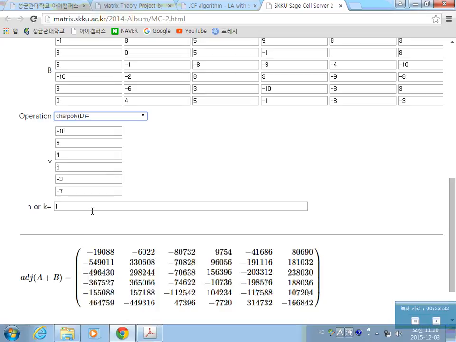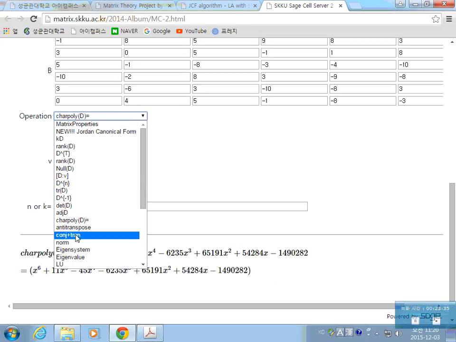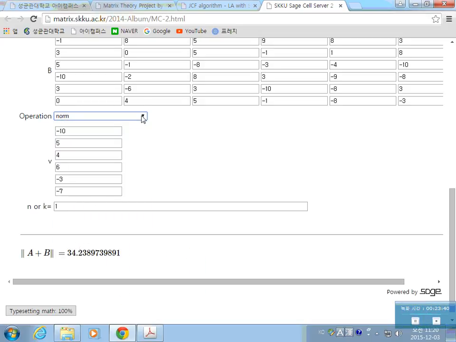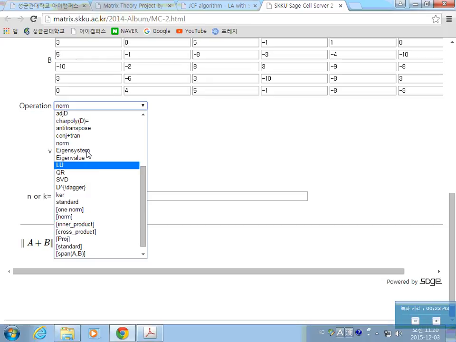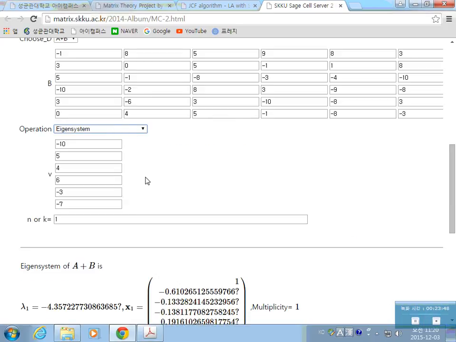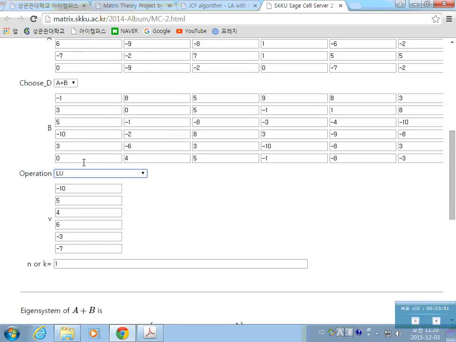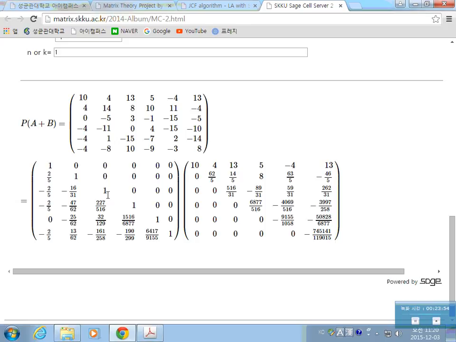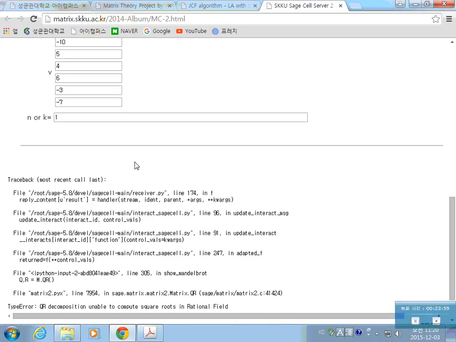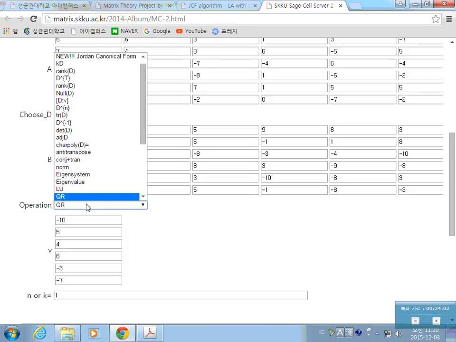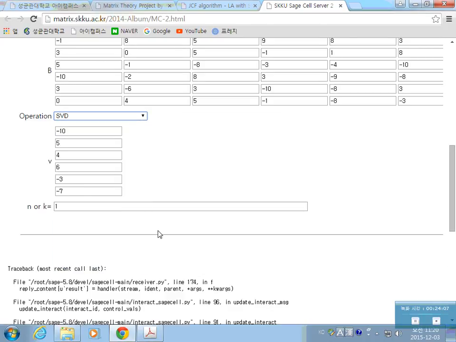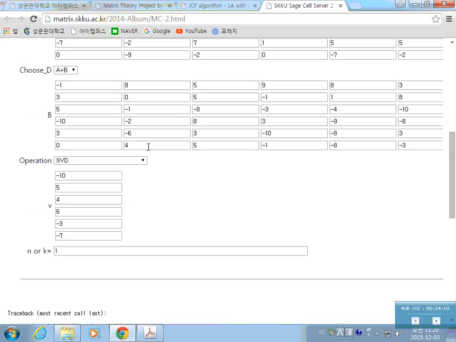You can find the characteristic polynomial of that, and the conjugate transpose of it, and the norm of that matrix, and eigenvalues and corresponding eigenvectors, and what else? LU decomposition. This is the L lower triangular matrix and the upper triangular matrix, and this is QR factorization, and what else? Singular value decomposition.